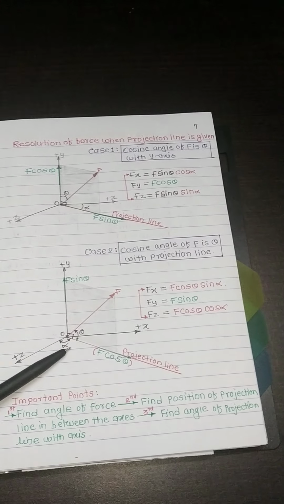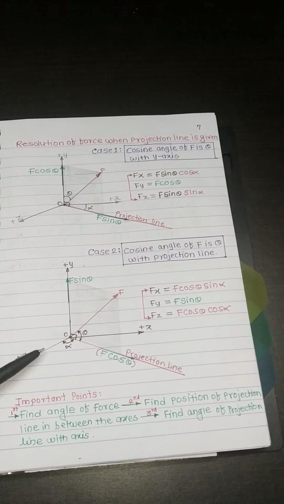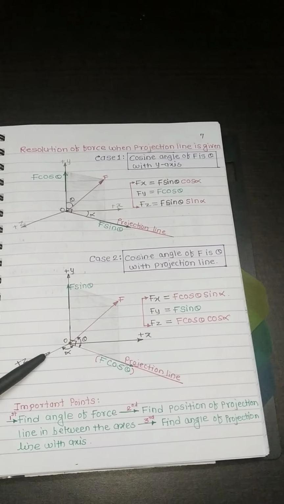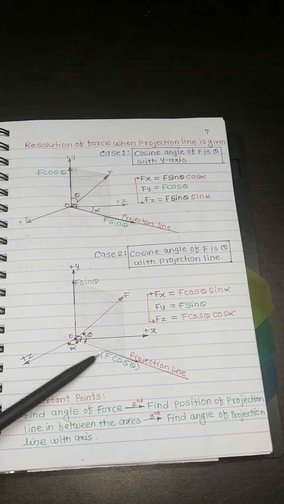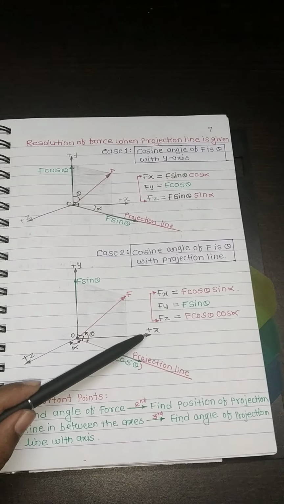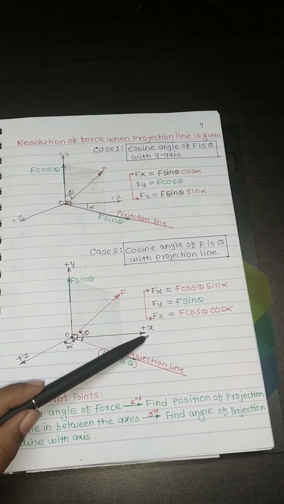Here the projection line has made an angle alpha with z. So this F cos theta as a force will be defined along the z-axis as F cos theta cos alpha, and along the x-axis it will be F cos theta sin alpha.